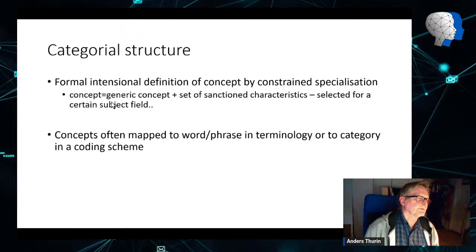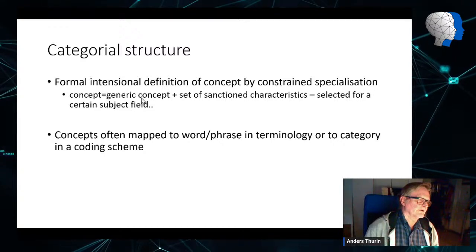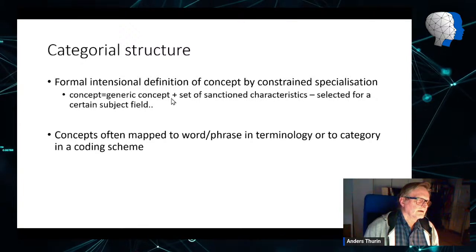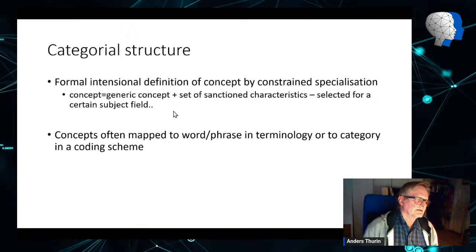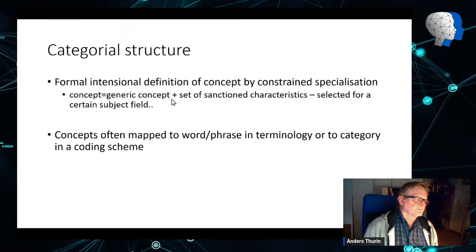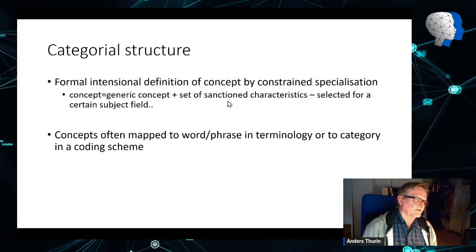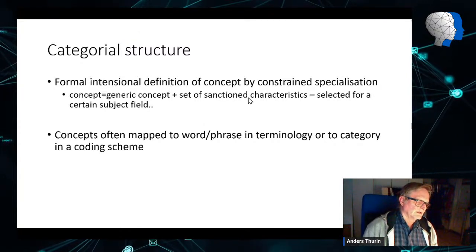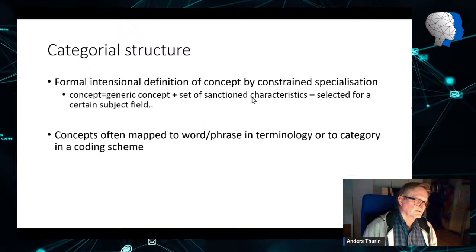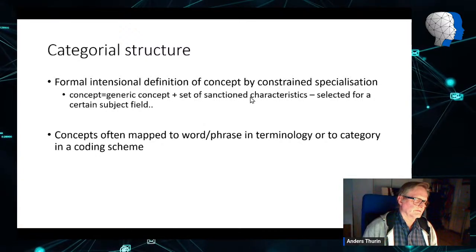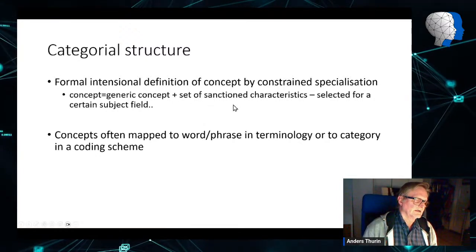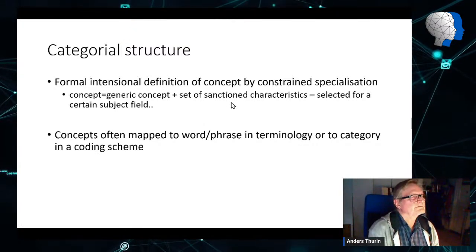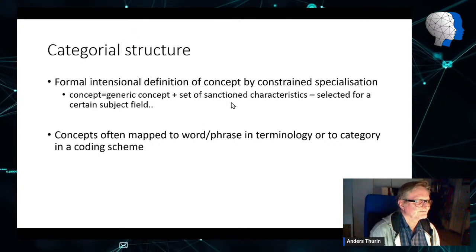So you have to define something, you specialize it by adding characteristics, but not just any characteristics, they have to be sanctioned, which means they're picked from a closed list.